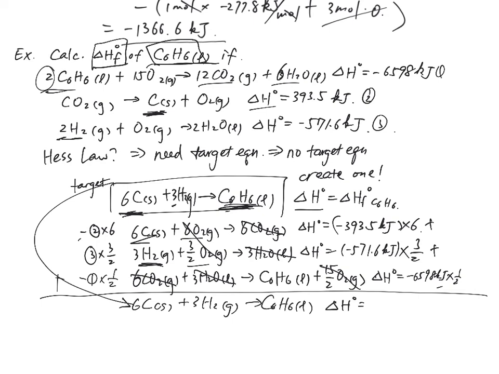You get negative 393.5 times 6, plus negative 571.6 times 3/2, and then plus, oh, the negative sign needs to be turned into a positive sign, plus the last term.